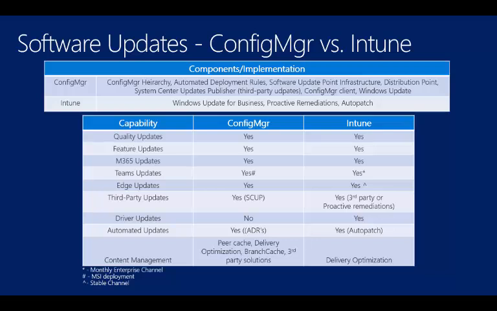Okay. In terms of content management, that's streamlining the deployment of content across your enterprise. That would be in CM a number of different options. There's peer cache, there's delivery optimization, branch cache. You have third-party solutions such as One Nomad or Adaptiva. In Intune, your only pathway is delivery optimization, right?